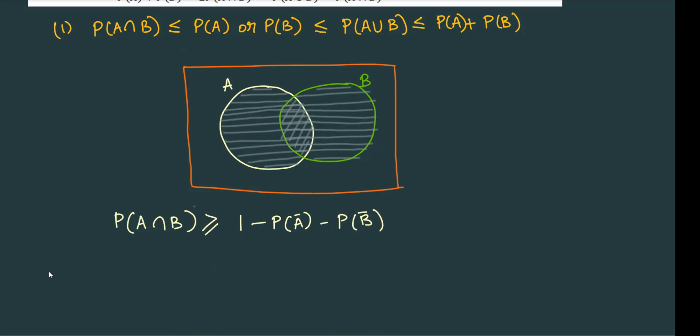First one, P of A intersection B is this region.